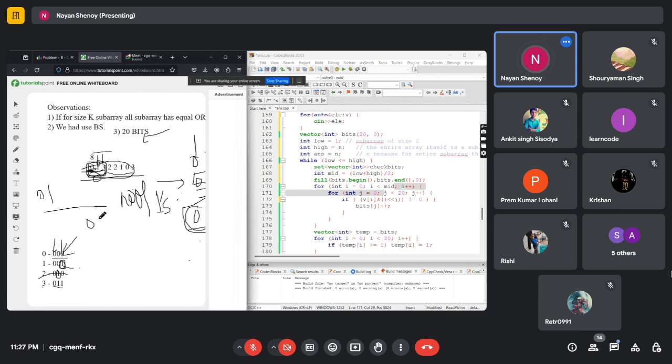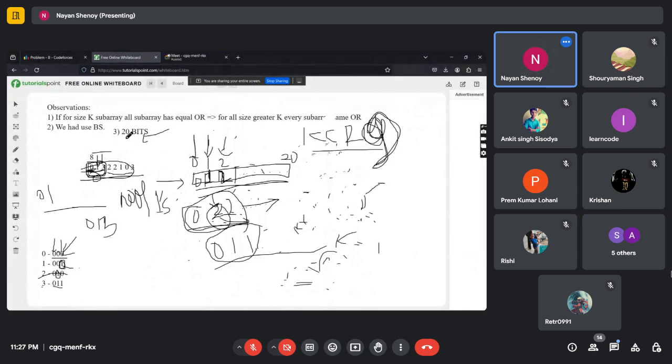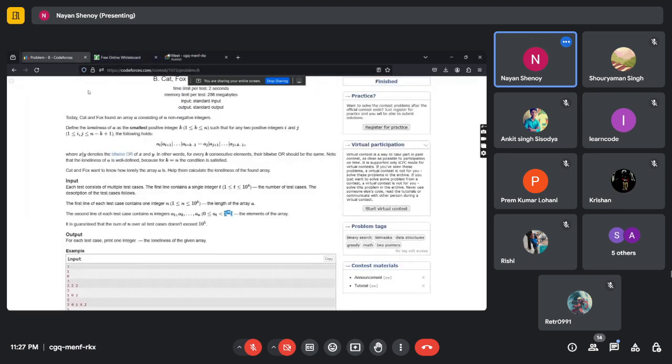So 0, 1, and 3 will be the first set till mid. Till mid it will be 0, 1, 3. And why I'm doing 20 is because, as I told you, for every element the max that you can have is 20 bits because it was given in the question. It can be of 20 bits, not more than that.